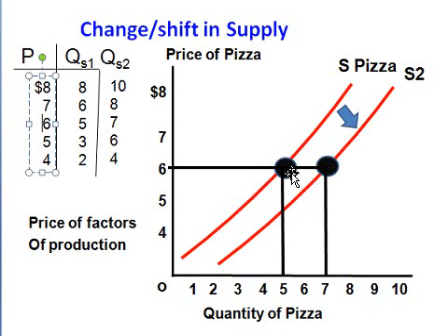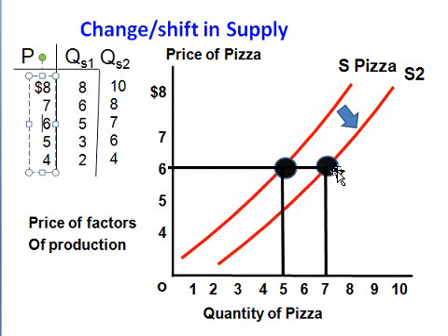The producer will produce more only if the price of pizza remains $6, but the price of oven drops. Only then she can come here. She can come from here to here. That means 7 pieces of pizza.